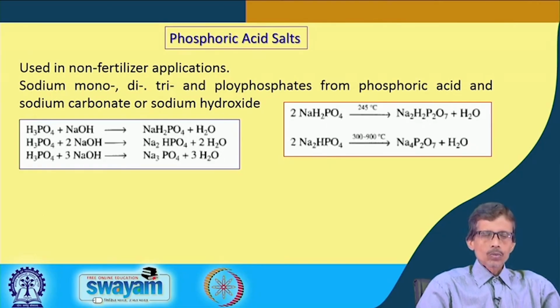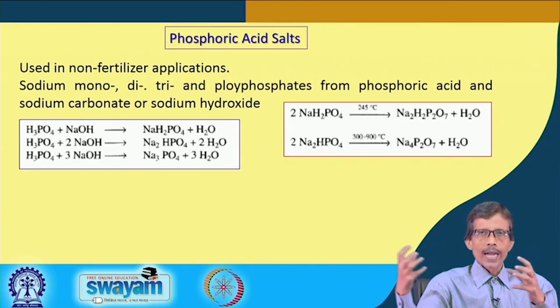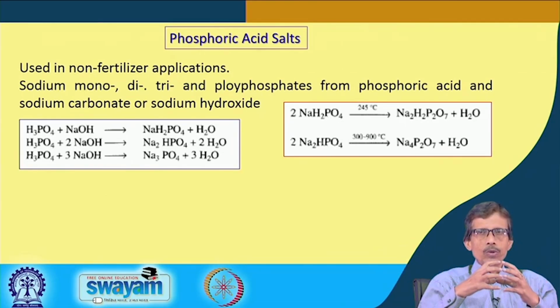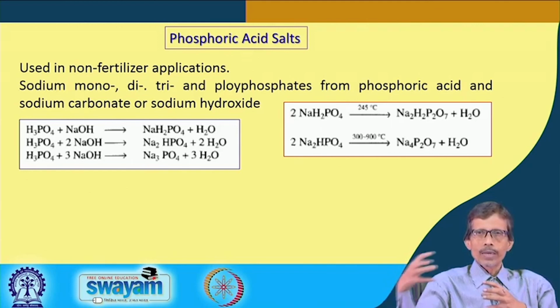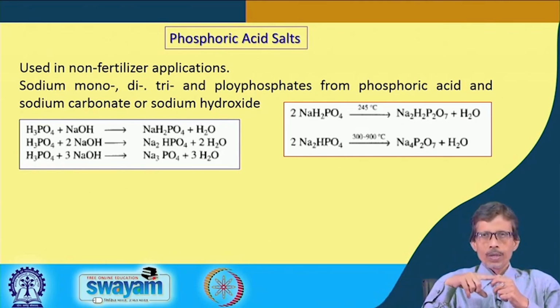And now, why are we making these? We are making something different, because if we have one phosphate in one hand and another phosphate in the other hand, whether we will be able to condense them to get some diphosphate, or go further to make some triphosphate or some cyclic phosphates.